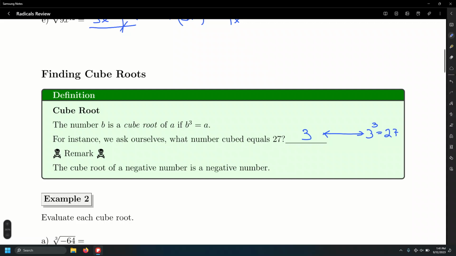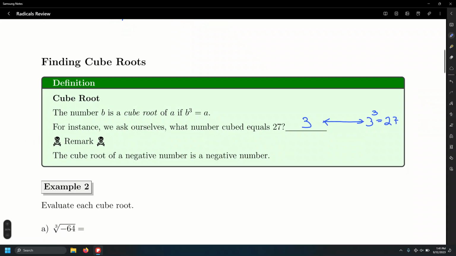And well, let's see. For instance, let me do the cube root of negative 8. All right. What's the cube root of negative 8? In other words, what number cubed equals negative 8? Negative 2, all right?